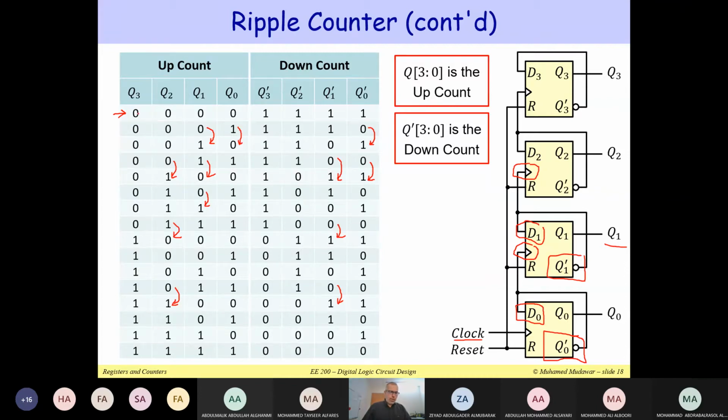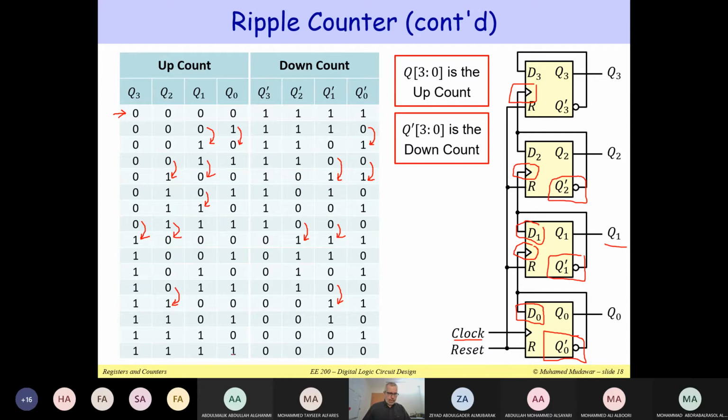And in the case of Q3, that's the output. This is the upper bit here. Notice how Q2 prime is connected to the clock input of Q3. Here Q2 prime is going to change from 0 to 1, and that's when we toggle Q3.